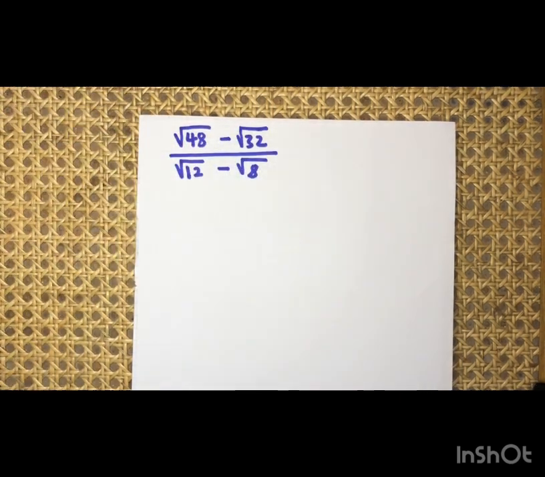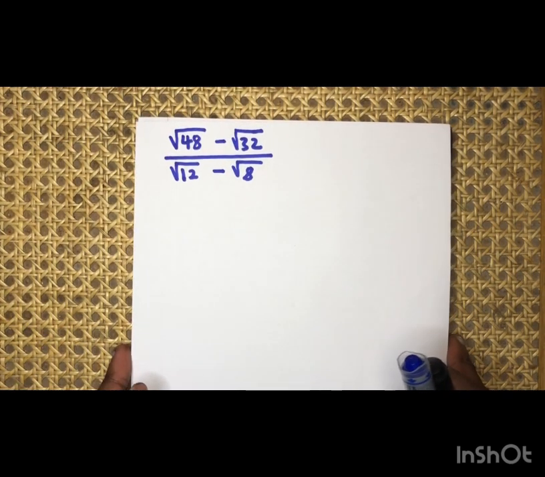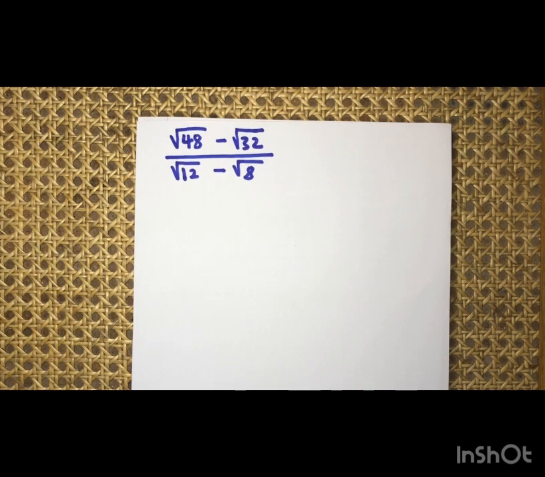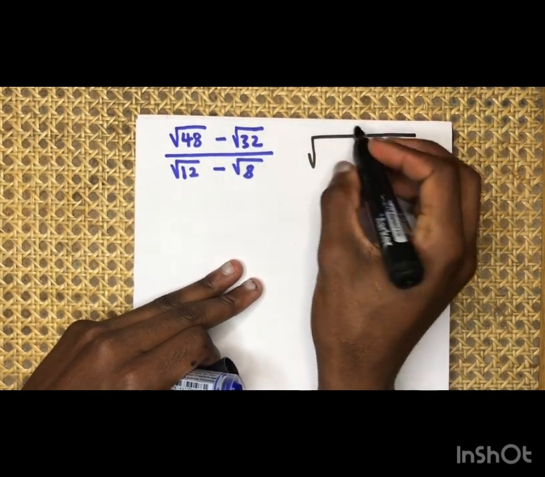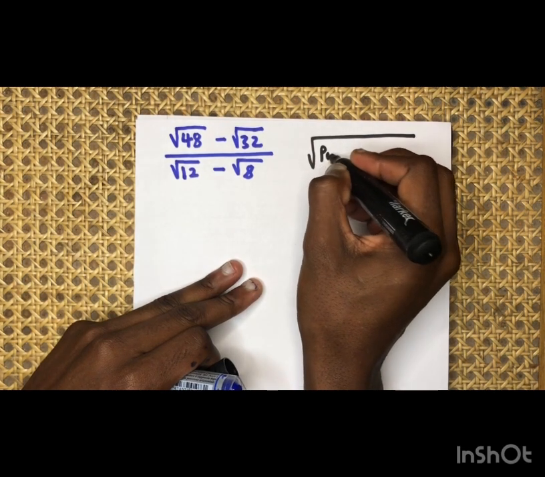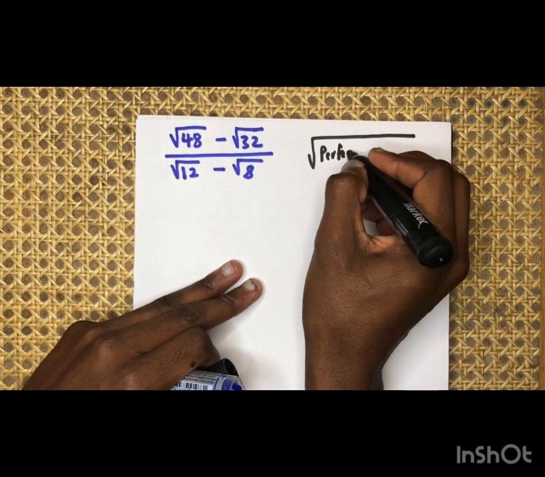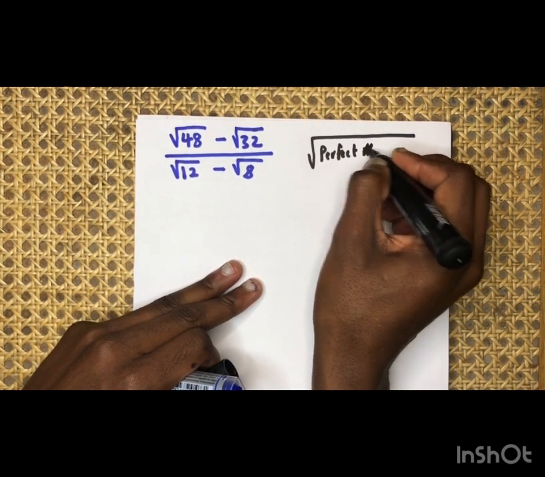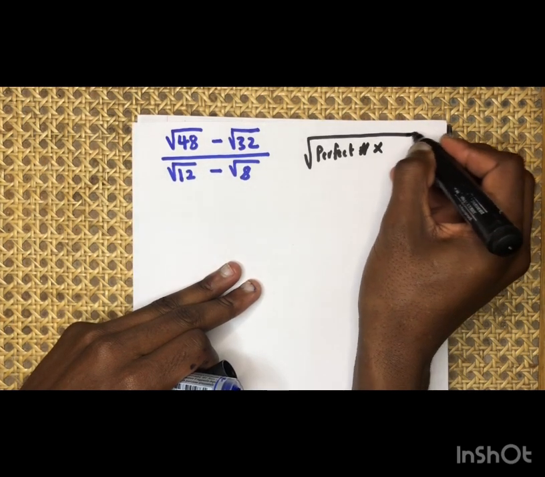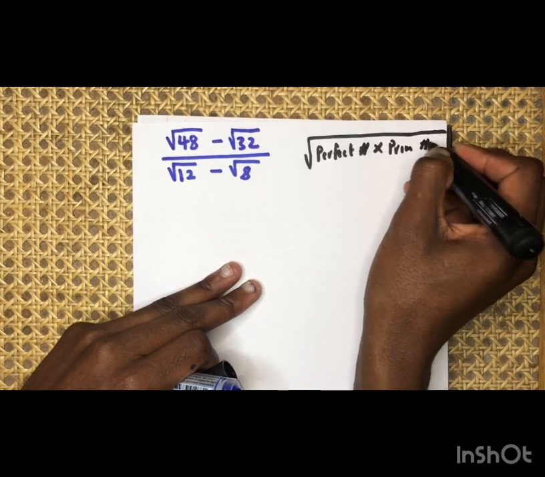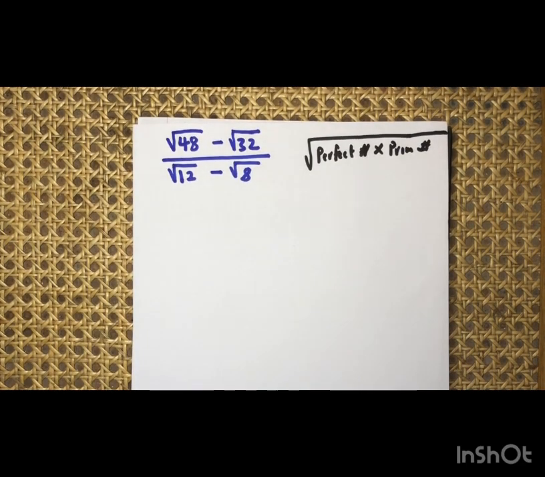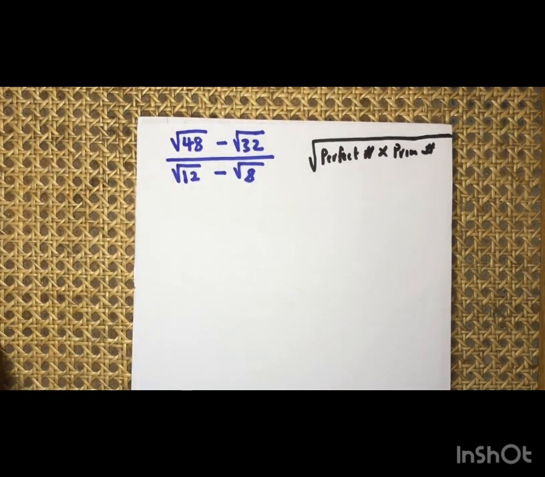Okay, so guys, if I'm simplifying this, again you must make a note here. I need what under the square root? I need a perfect square times a prime number. Okay, we know that, guys. Here we have root 48.